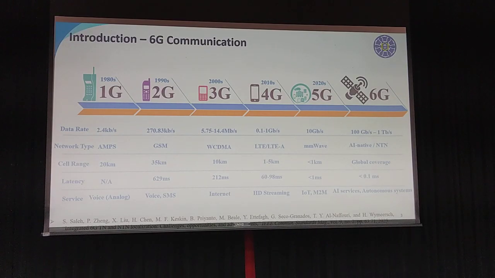Compared with traditional terrestrial communication systems, sixth generation also integrates non-terrestrial networks, or NTN, such as satellite communication systems. This makes LEO satellite networks an important technology for future global connectivity, especially in remote or underserved regions.